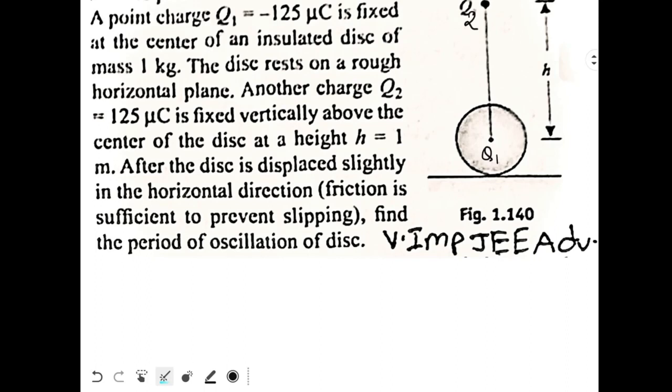Okay. So let's first draw the general diagram that we'll be using for all the three methods. So this is your charge Q2 at the top. This is the ground. Okay, so here is my disk.